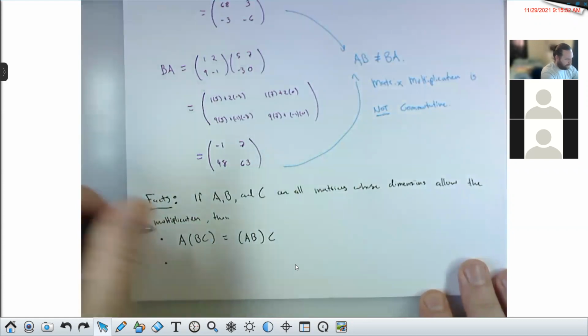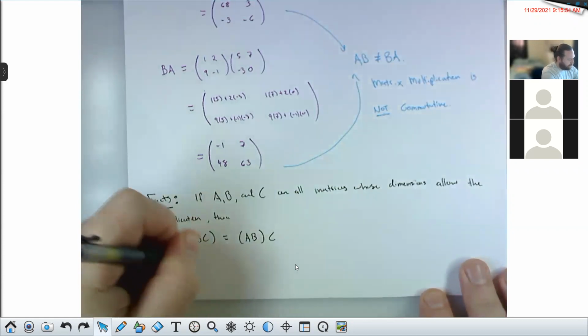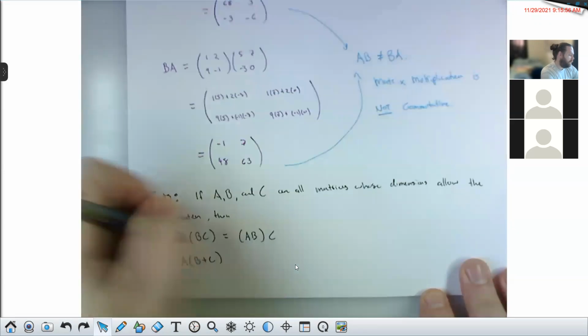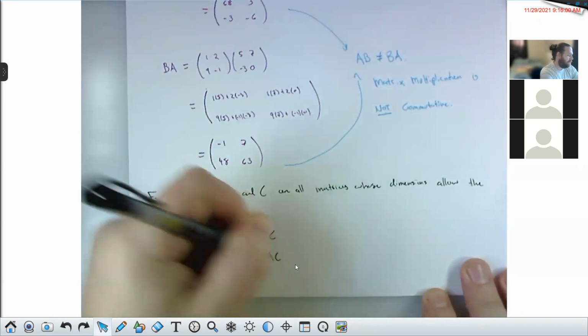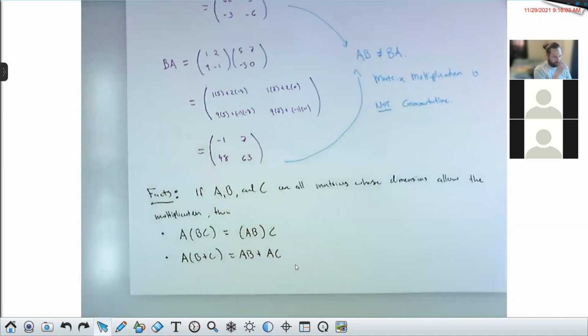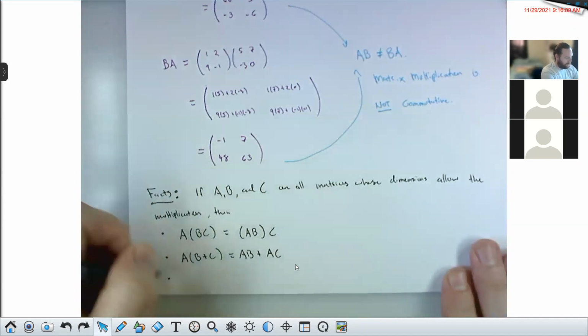Also, this is distributive, which is really nice. A times (B plus C) is the same as AB plus AC. That's not obvious, but it is true. And you can distribute not only on the left, but also on the right.